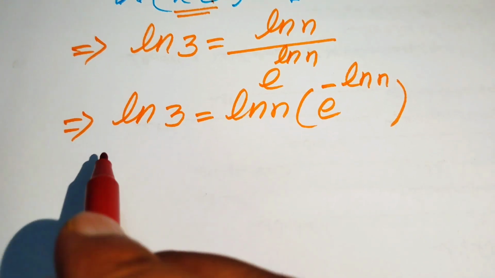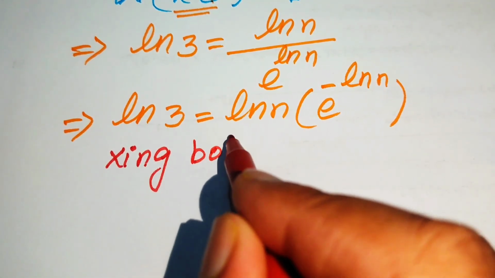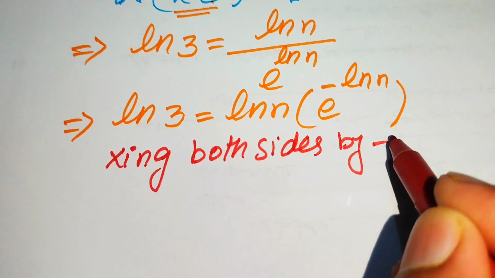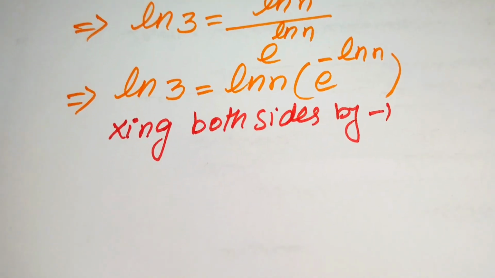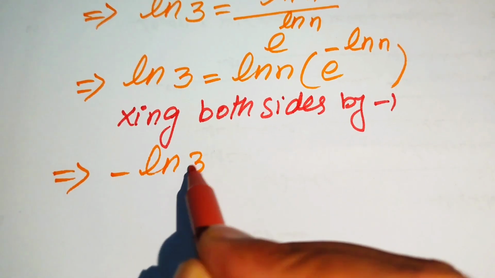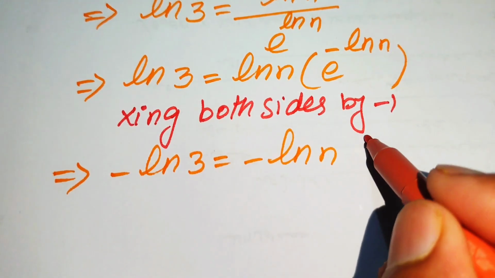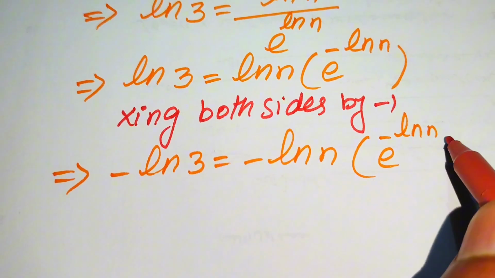Now we multiply both sides by minus 1. When we multiply both sides by minus 1, it will be written as minus log 3 equals minus log n times e to the power of minus log n.